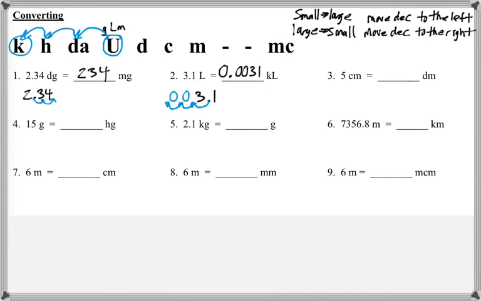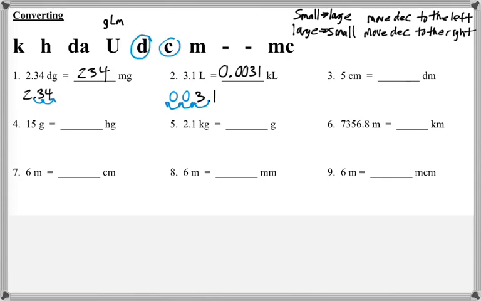Okay, so then with number 3, let me erase this right here. Again, this is G, L, and M. Number 3, we're converting 5 centimeters to decimeter. So this is right here, and I'm trying to get to here.